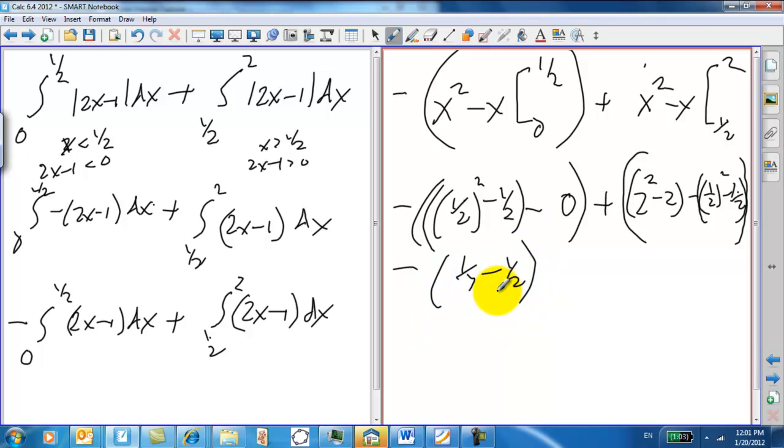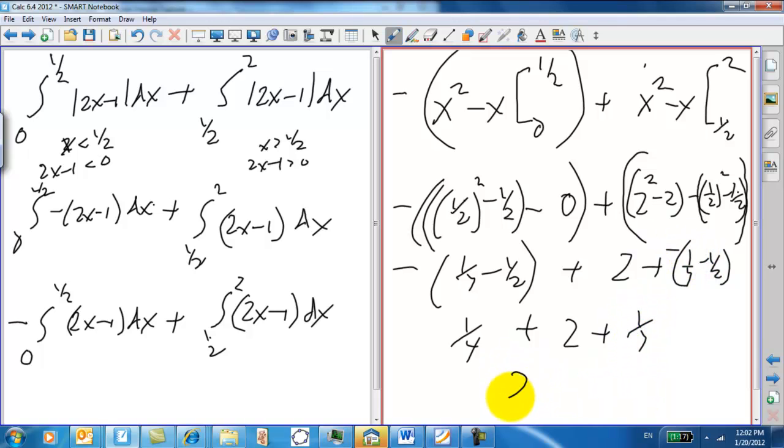So that's negative 1/4, so that's 1/4. And over here you get 2 squared, 4 minus 2 is 2, plus a half squared is a fourth minus a half. But remember, this is the opposite, adding the opposite of. So we get a fourth plus 2 plus, this is negative a fourth, but it's negative that, so it's a fourth. So I'm getting 2 and 2/4, or 2 and a half.